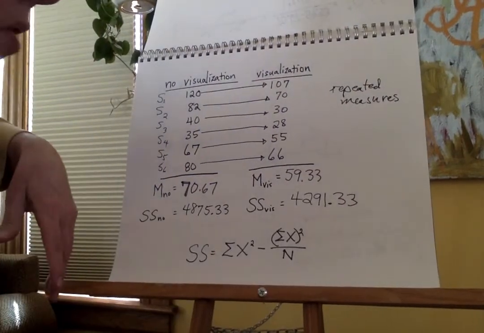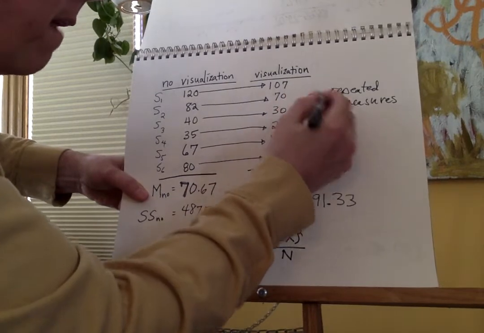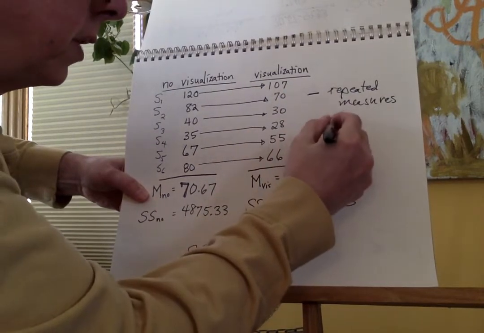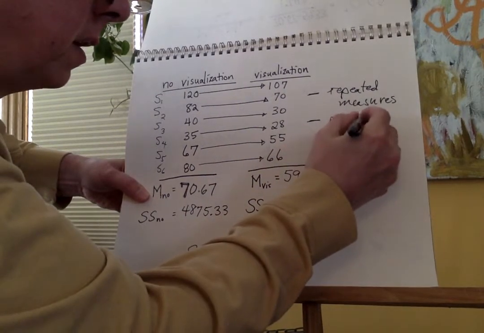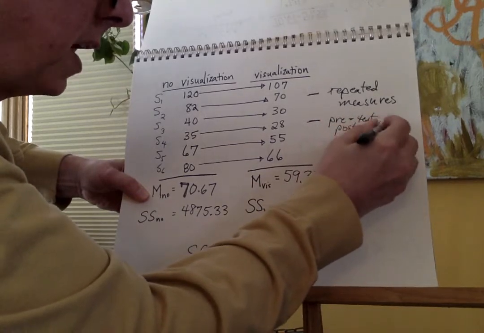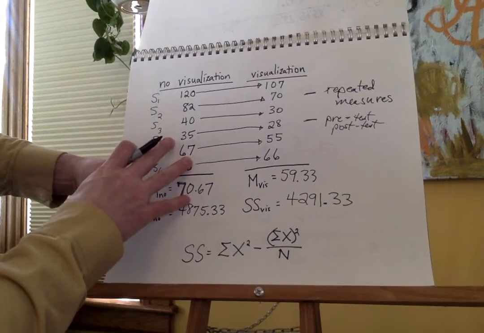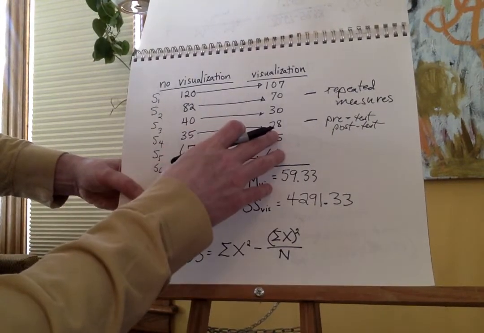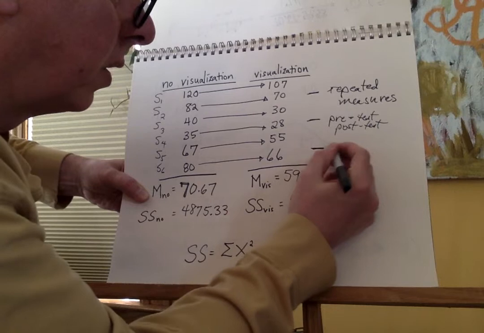A repeated measures design, okay? It's also called a pre-test, post-test design. Pre-treatment, post-treatment, okay?